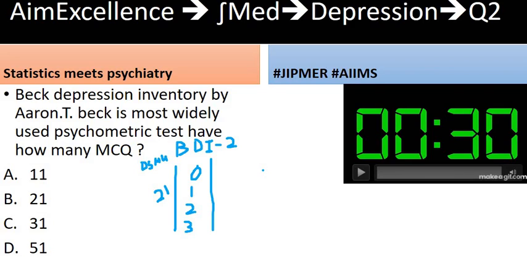The scores have been divided into 4 strata. One is 0 to 13. Then there will be 14 to 19, 20 to 28, and then 29 to 63.